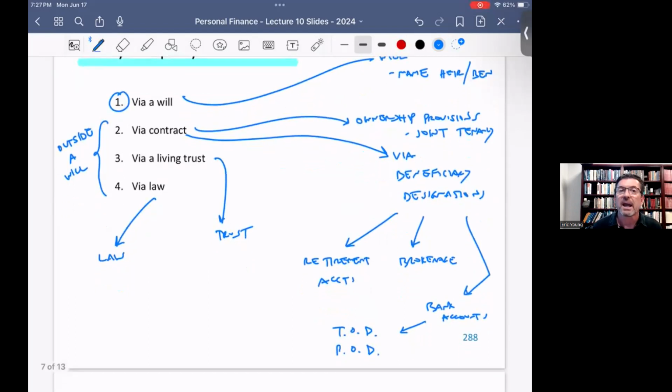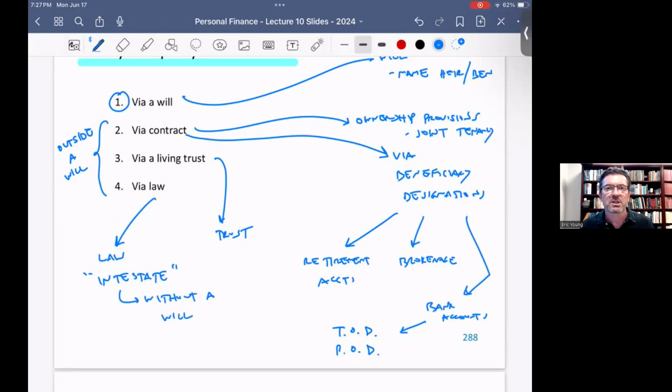If you die without a will, this is known as dying intestate. Intestate, again, testament, last will and testament. So testare, testamentary, intestate, this is all rooted in the Latin word for will. If you die intestate, that means that you die without a will.